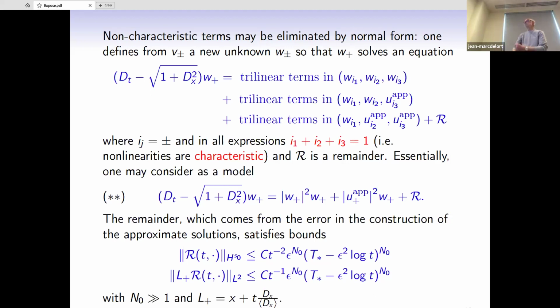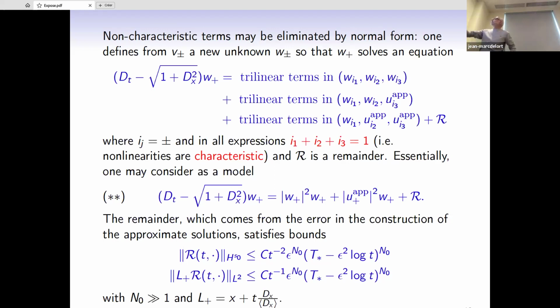And so, to explain what you do finally in order to solve the equation, because you want now to solve such an equation with an initial data which is 0 at time t of epsilon and up to time t equals 0, or down to time t equals 0.